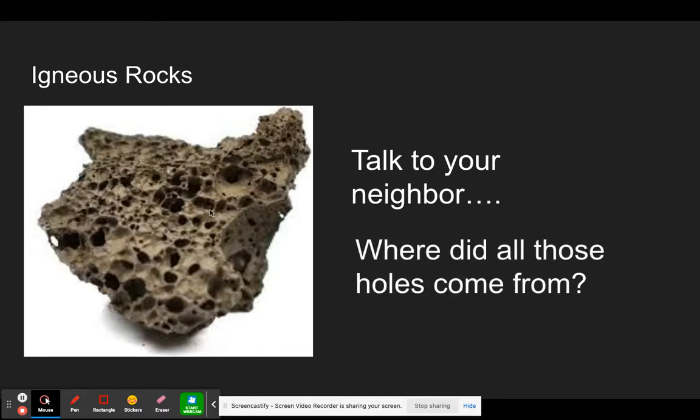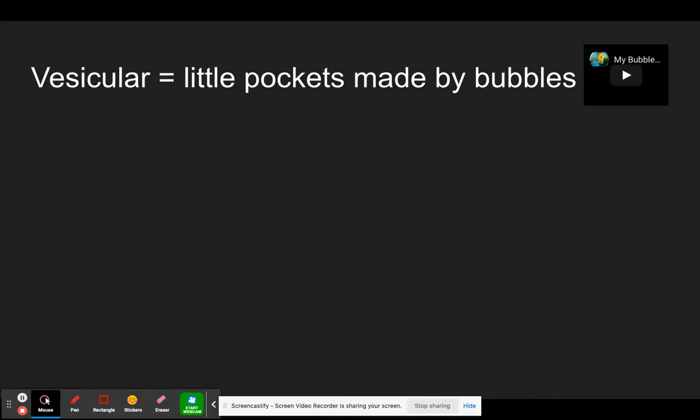So the reason these little pockets or these little holes are there is because there are gaseous bubbles inside the magma. Again, think of that Dr. Pepper bottle. When you crack open the lid and you release that pressure, you don't just get a spray of Dr. Pepper coming out in pure liquid, right? You actually get that foam that comes out.